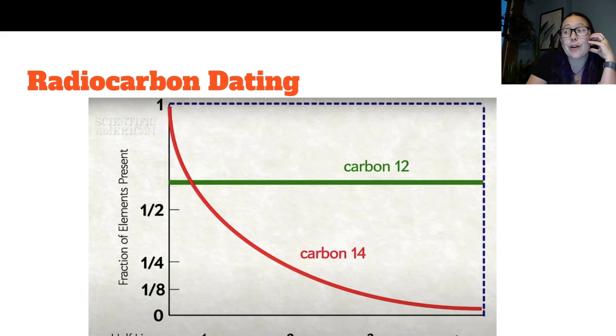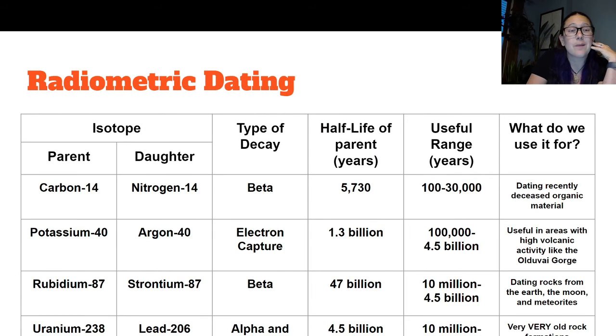And so we've had to figure out other radioisotopes with even longer half-lives, such as these potassium, rubidium, and uranium isotopes, with half-lives that are way longer, like 1.3 to 700 to 4.5 billion years. This rubidium isotope has 47 billion years. And so these are helpful for dating much, much older samples.